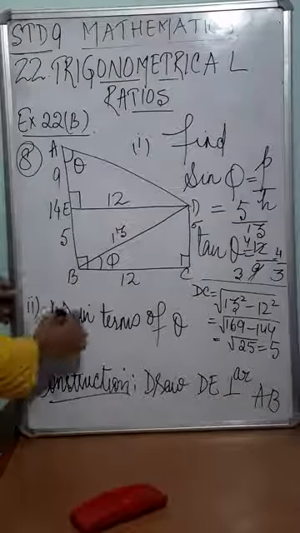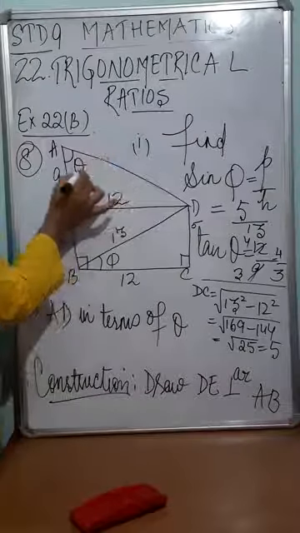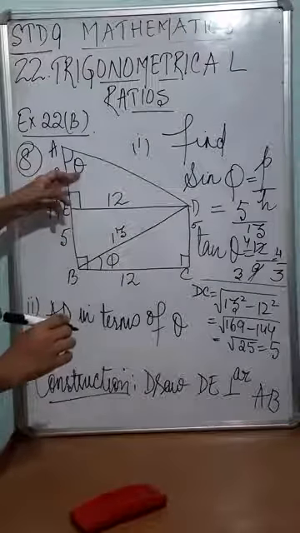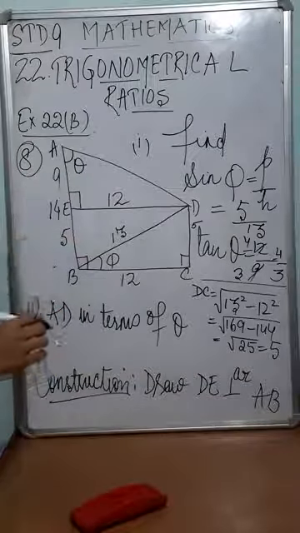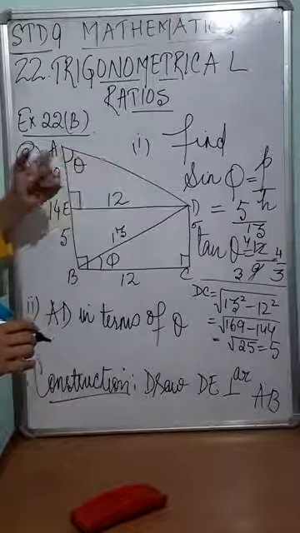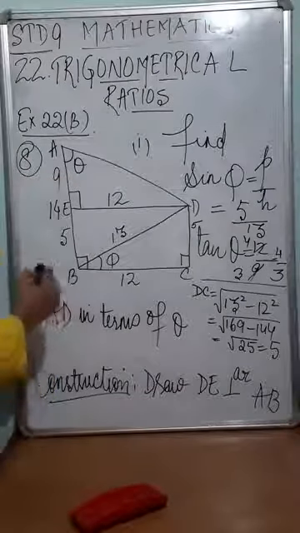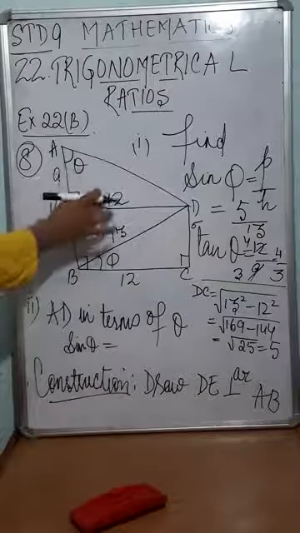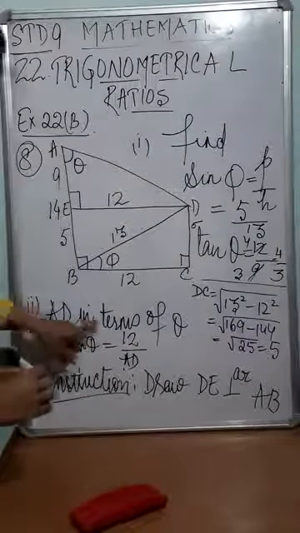Now the second part: to find AD in terms of theta. AD is the hypotenuse. So this would connect to sine theta, cos theta, cosec theta, sec theta, any of these. I'll take it for sine theta. Sine theta will be equal to 12 by AD.